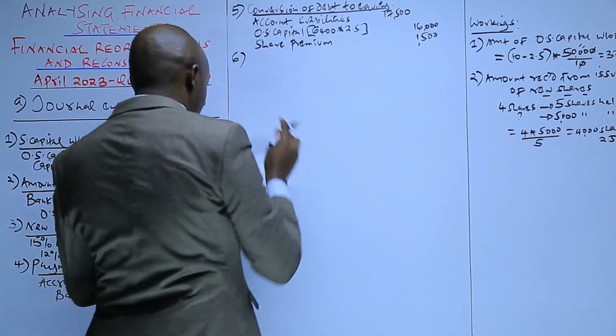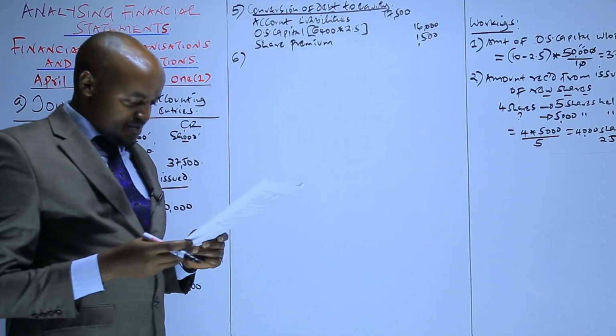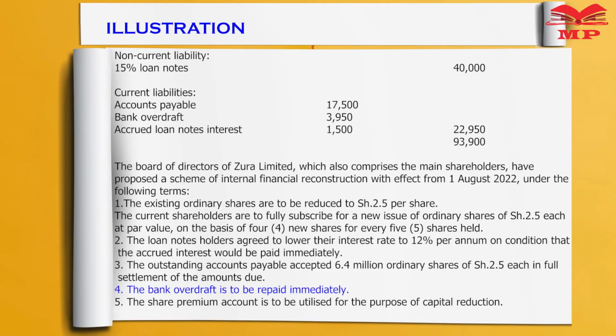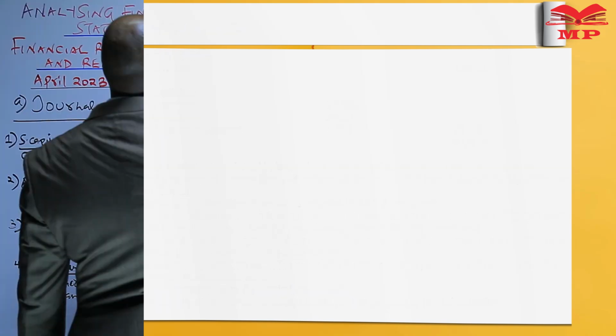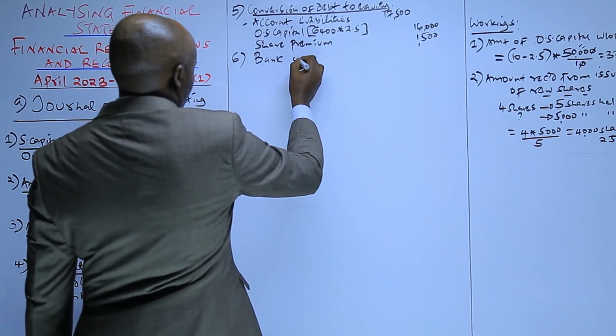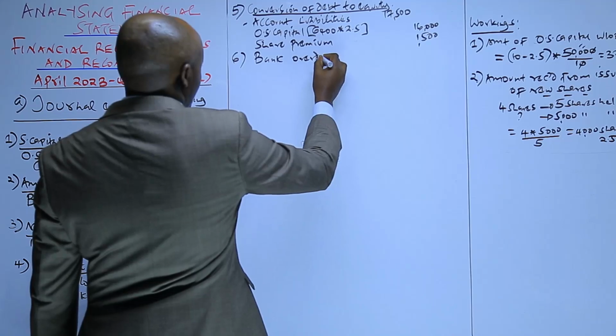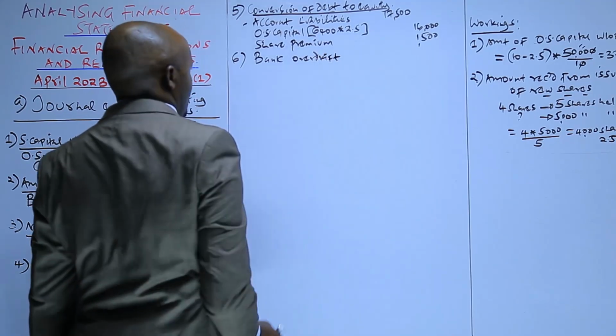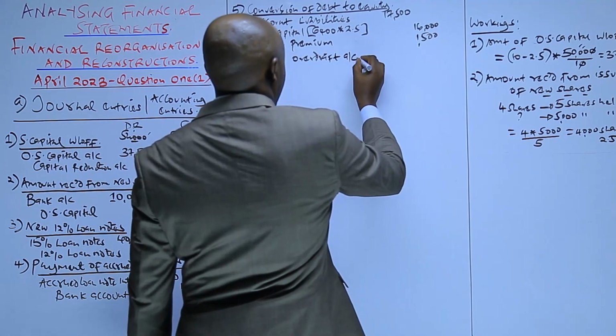So let's move to the other notes, which is note number 4, and we are told that the bank overdraft is to be repaid immediately. So this is the repayment of the bank overdraft. Once a liability has been paid, I've said you debit that liability account. So what you're going to do is to debit the bank overdraft account, because it's a liability, it has been paid.